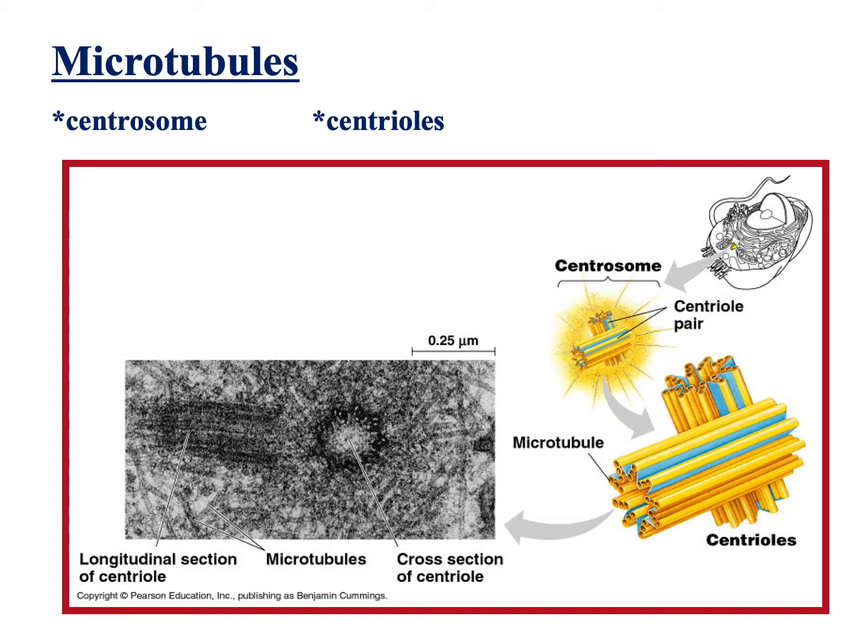Before we talk about those structures, I want to add a few more terms associated with microtubules, the first one being a centrosome. A centrosome is also referred to as a microtubule organizing center. It is an area that microtubules grow out of. So this is where microtubules will grow in a specific direction.